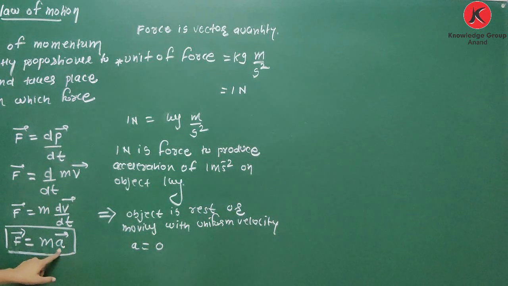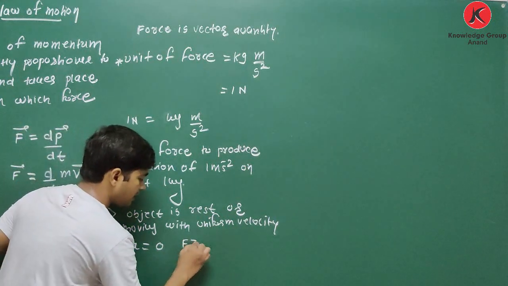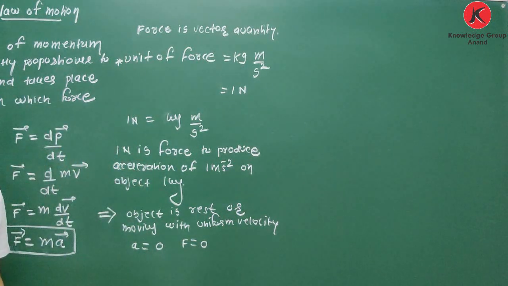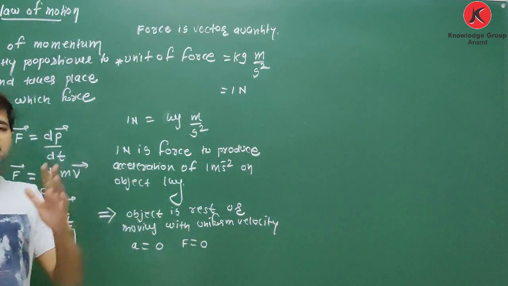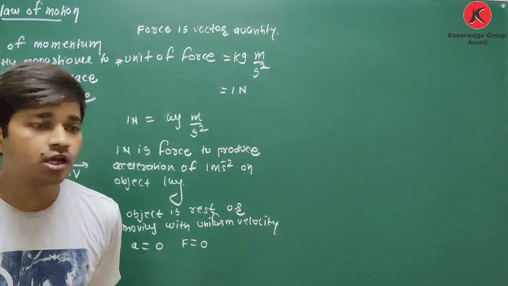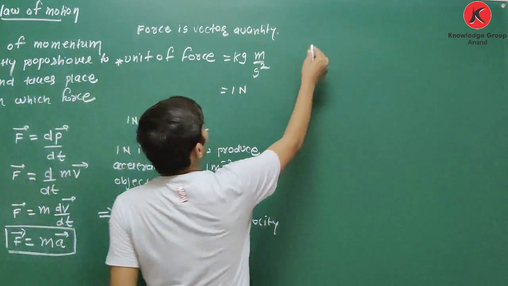And from this equation, if acceleration is 0, then F is also 0. So Newton's second law of motion is consistent with Newton's first law of motion. When force is 0, acceleration is 0. Clear about this? Okay. Second one.